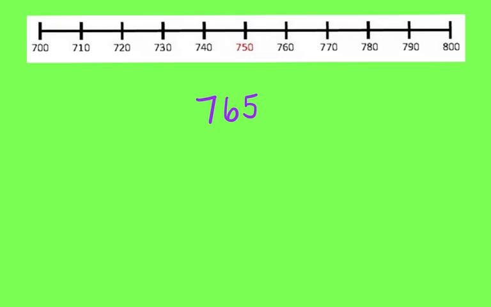765 rounded to the nearest hundred. We take the hundreds place and put 2 zeros behind it to find the number on the low end. Then we add 100 to that to get the number on the high end. Those are our choices. Then we look and see in the digits that make up the tens and ones place, is this number more than 50? Is it more than halfway?